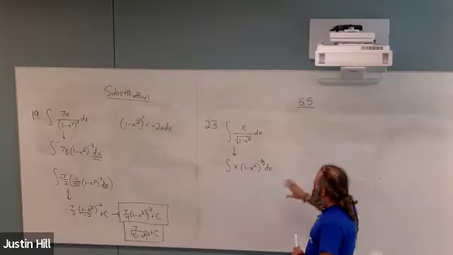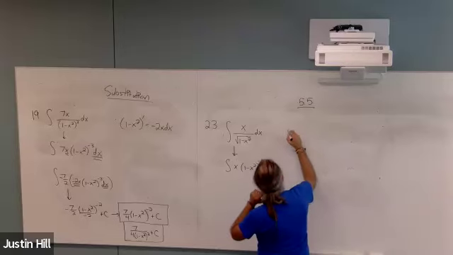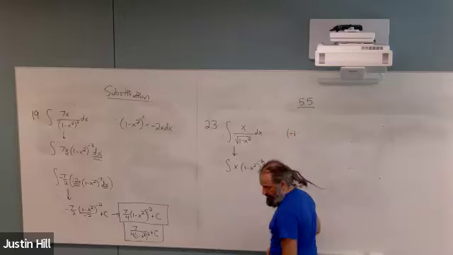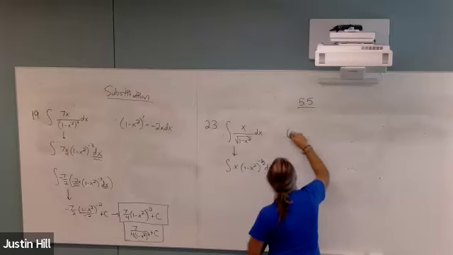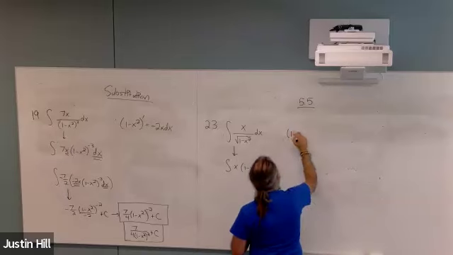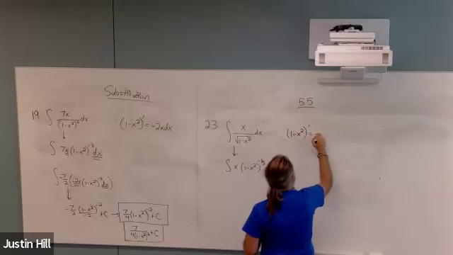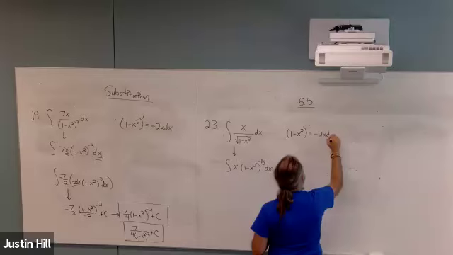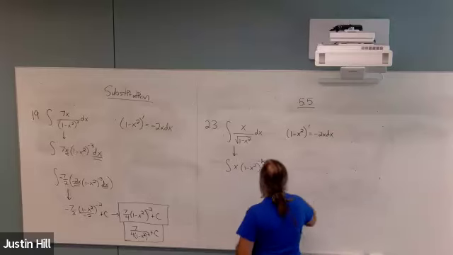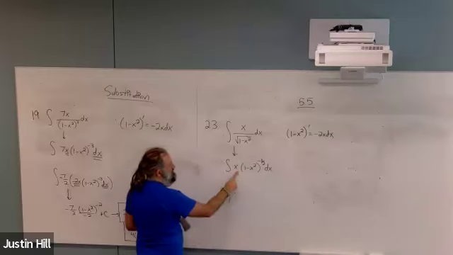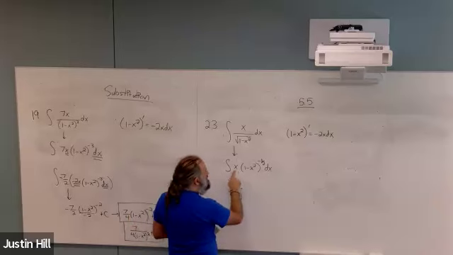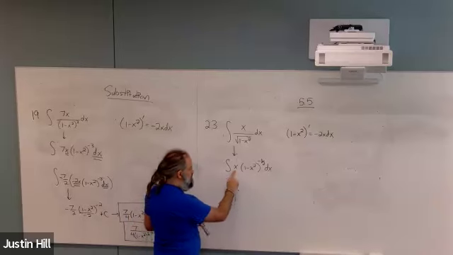All right, and then we're going to play a similar game over here. So I'm going to take the derivative of 1 minus x squared, which we know is negative 2x dx. And so what I have here, I have x. I basically am just missing a negative 2.